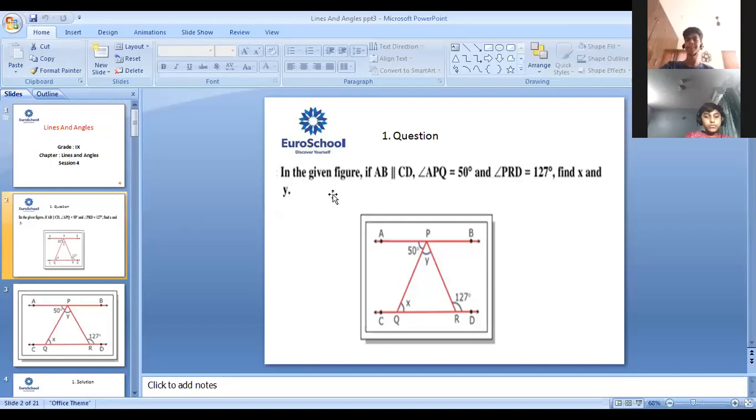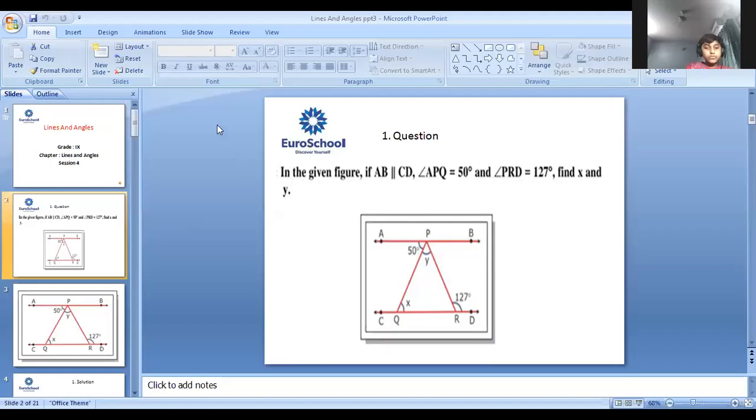Yes, ma'am. Now, from this figure, they are asking us to find the values of X and Y.